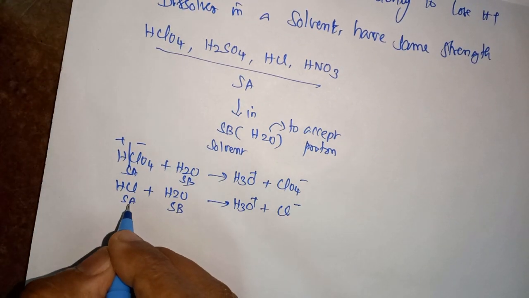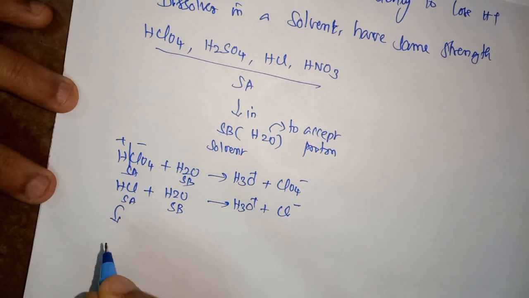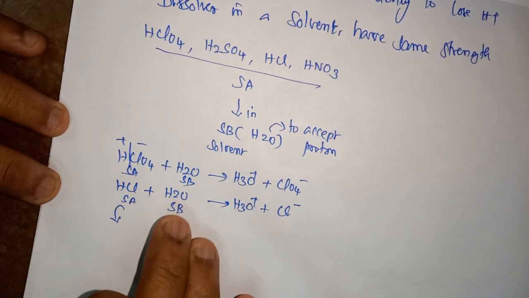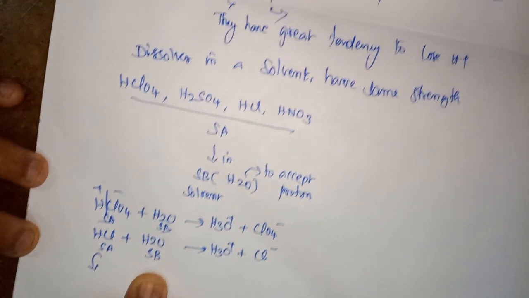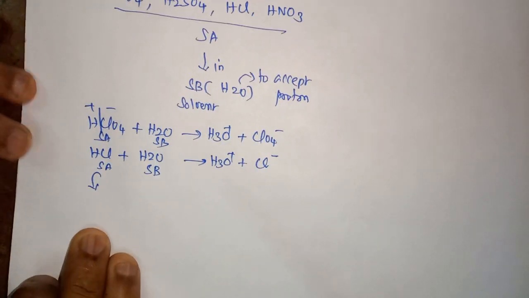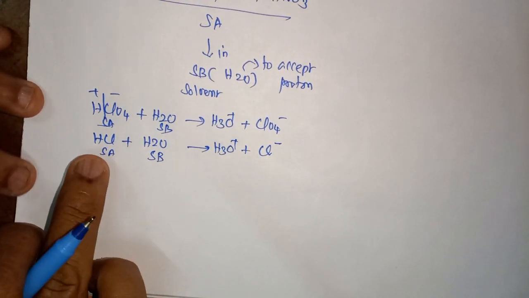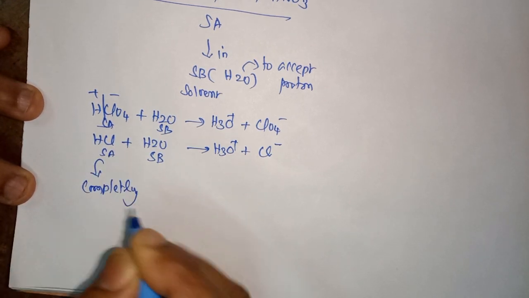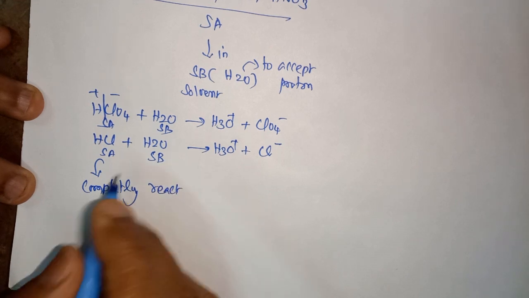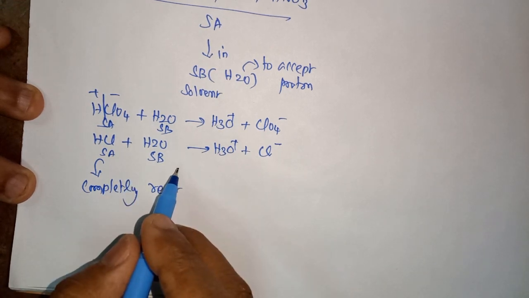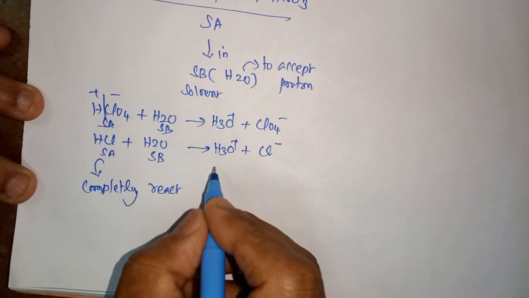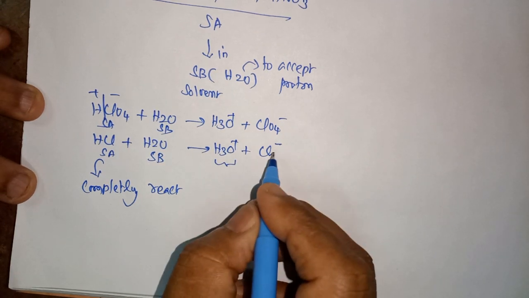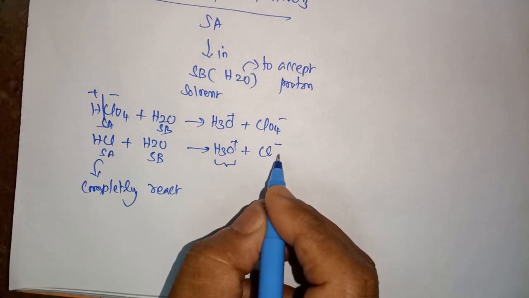So what is the term I am going to use here? When I am talking about the leveling effect, the word I am using is this: strong acids completely react with strong bases and are converted to hydronium ion and the anion, that is the negative part of that acid.